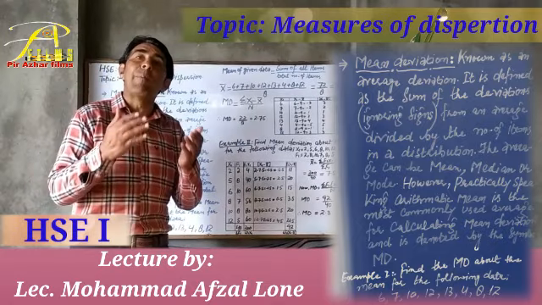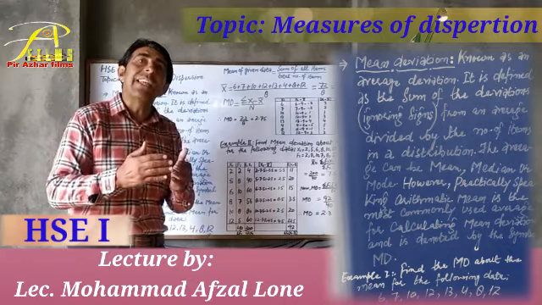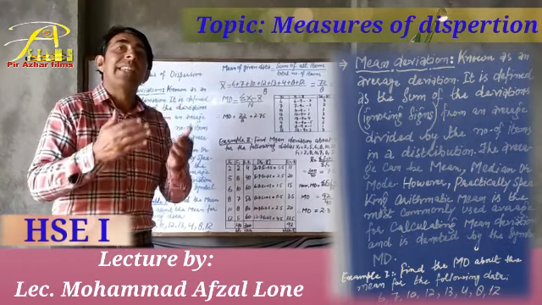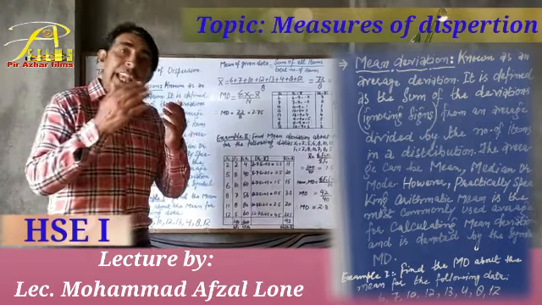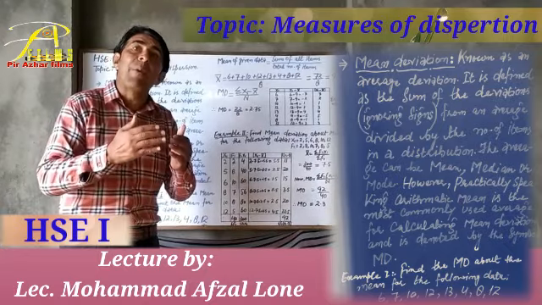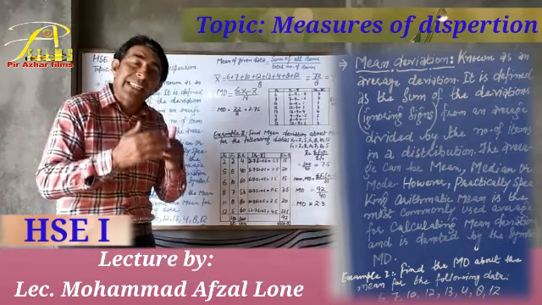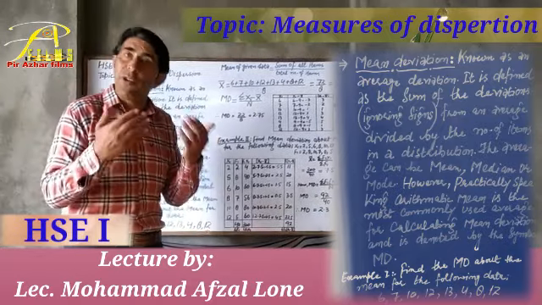Mean deviation, popularly known as average deviation, is defined as the sum of deviations, ignoring signs, taken from an average divided by the number of observations, or you can say divided by the number of items or values in a distribution.